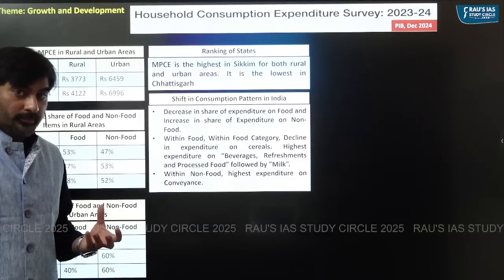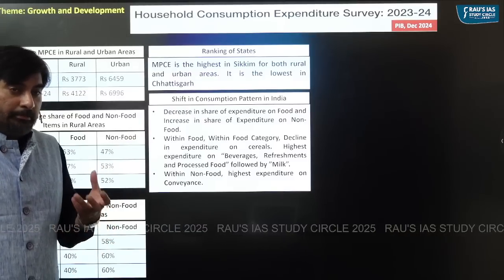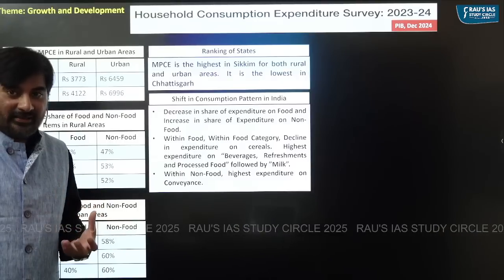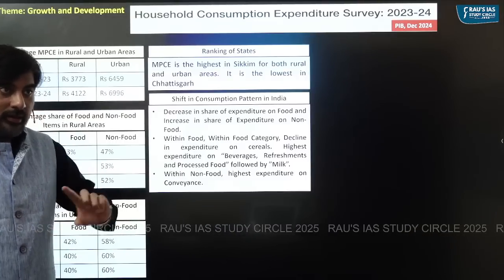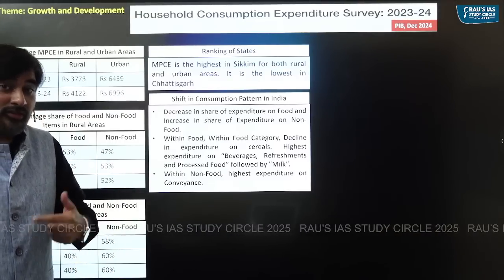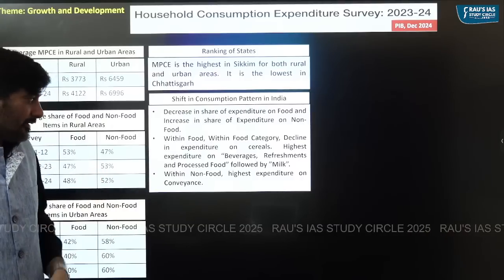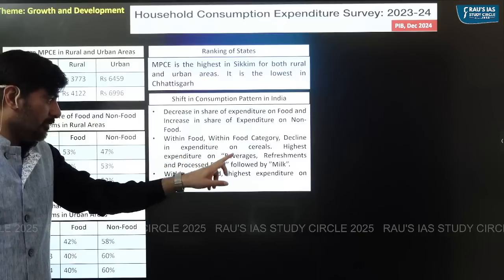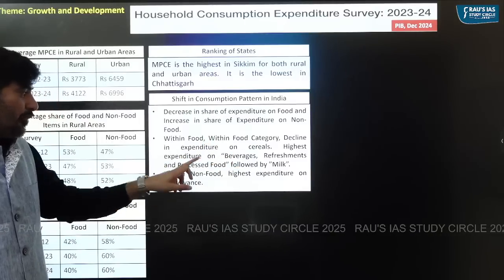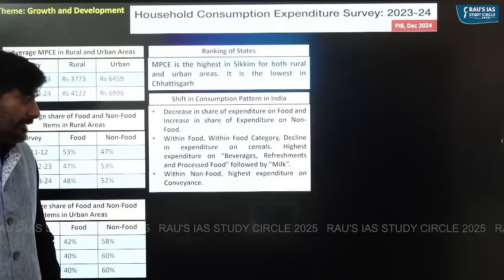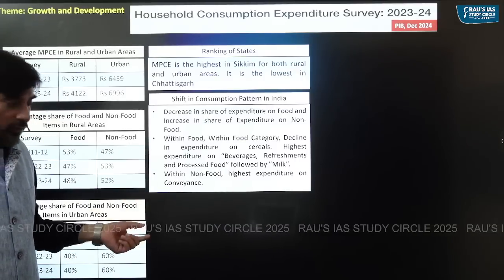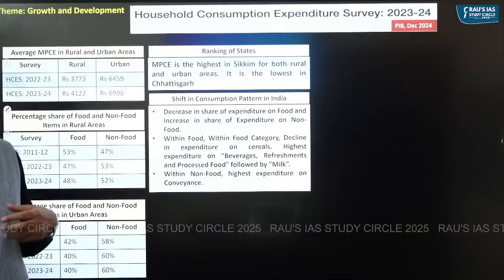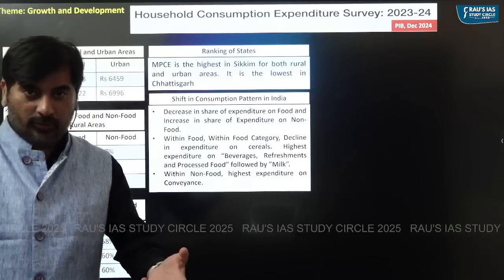Within food, people's expenditure on cereals has reduced and people's expenditure on processed foods has increased. Highest expenditure is now incurred on beverages, refreshment, and processed food, followed by milk. And as far as non-food is concerned, highest expenditure is on conveyance, that is transportation.